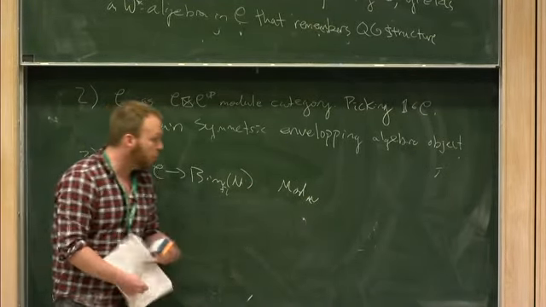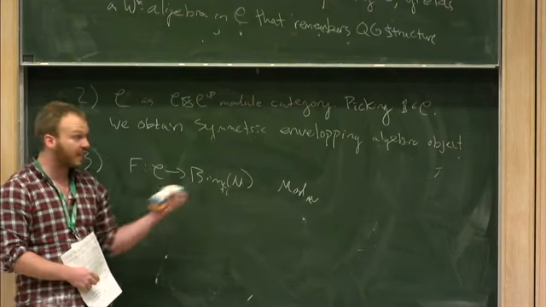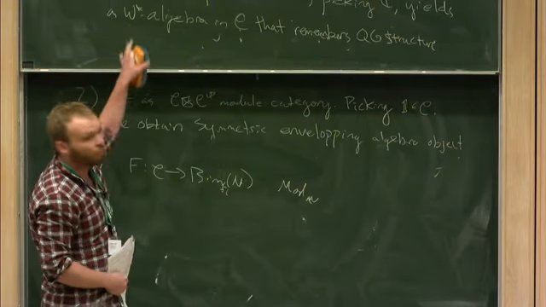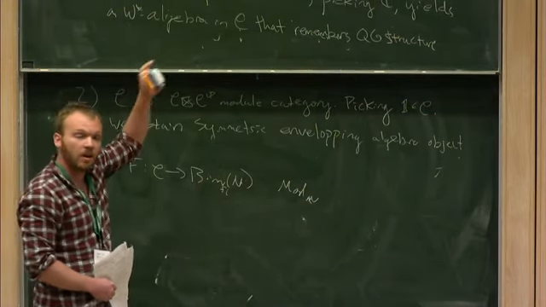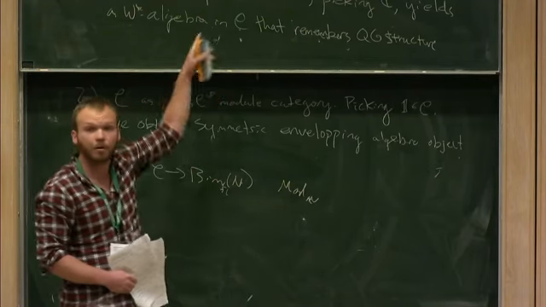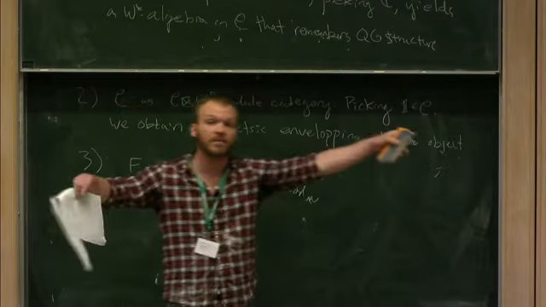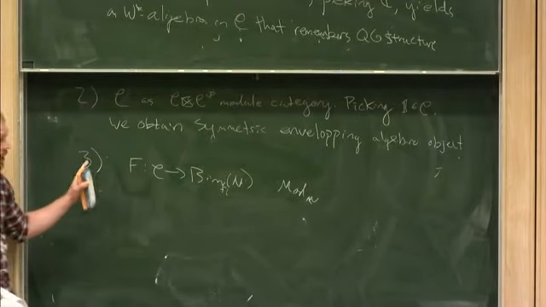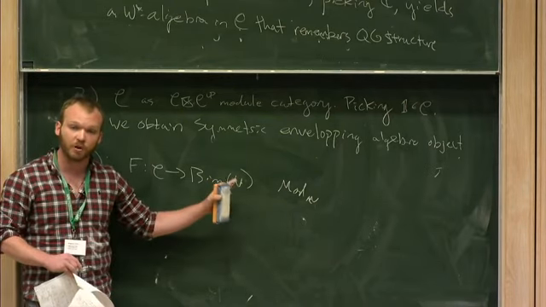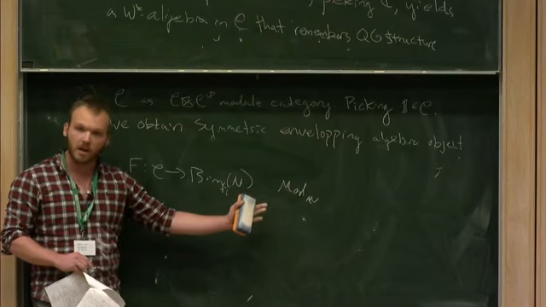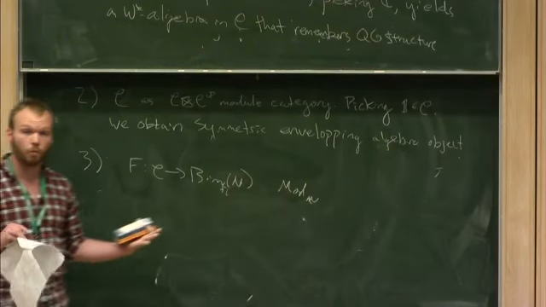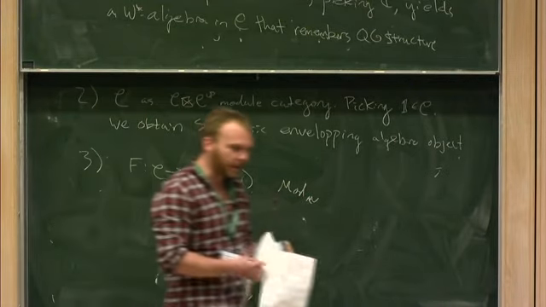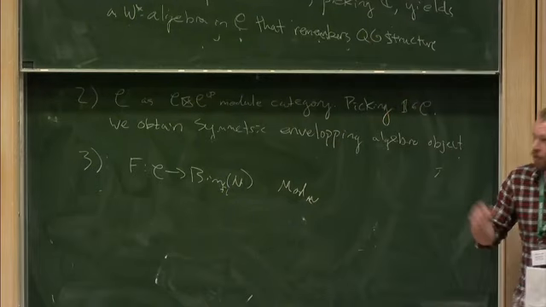And when I take L2 of N, I can do this whole construction and I get an honest W* category. The previous ones were relatively small, in the sense that the Hom spaces from any object to that A are still going to be finite dimensional, even though there are infinitely many objects. Here the Hom spaces are very big, and so you get really big, interesting W* algebra objects from this construction. There's a whole vast world of things to do. There are these small ones, there are these big ones, and it's very interesting to try to understand the interaction between them. But I'll finish here. Thank you.